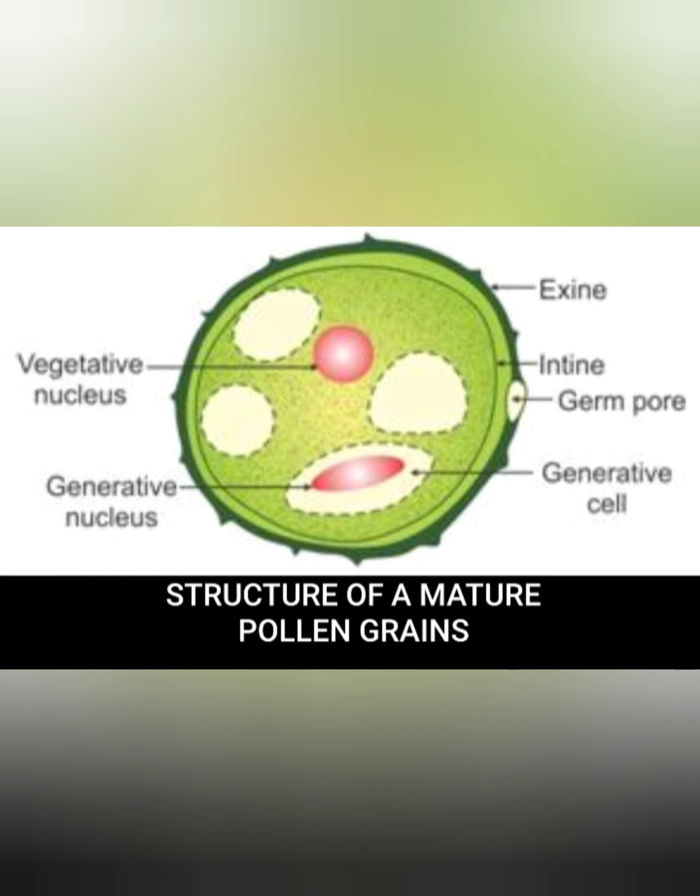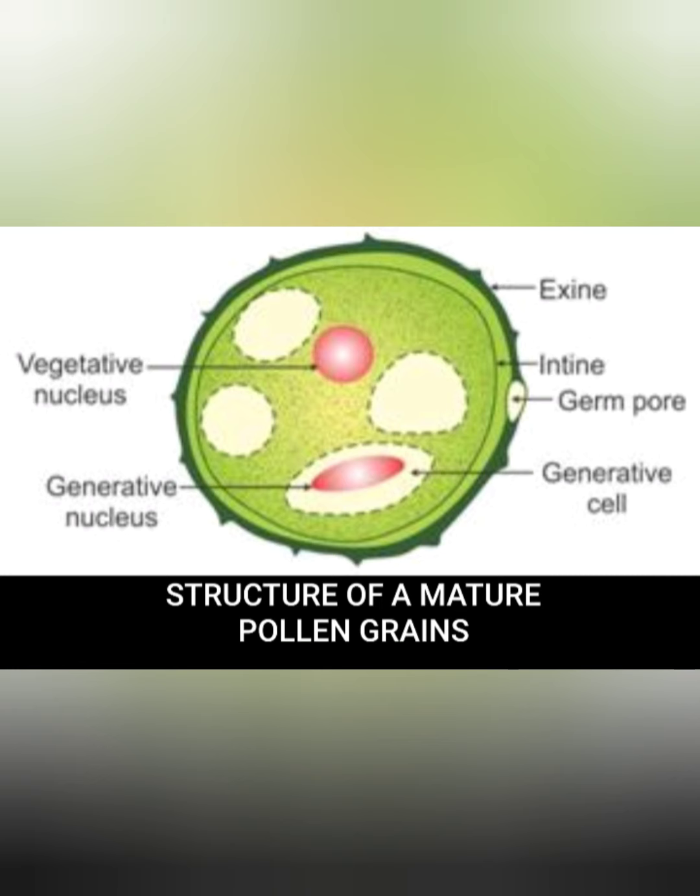Hence, exine can be preserved as fossil due to the presence of sporopollenin. Exine exhibits different patterns and designs in different plant species. Exine has small apertures called germ pores where the sporopollenin is absent. Except at these germ pores, it is present everywhere on the exine layer.